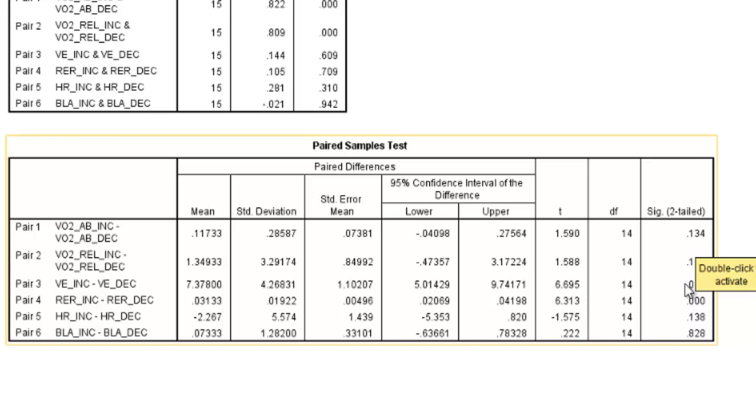Not really. Is there a significance between the heart rate and the blood lactates? Nah, not really. If we look at VE and RER, then there is a significant difference. So there you go. In your reports you can identify that there is a significant difference between the rate of ventilation and RERs, but everything else is not so.